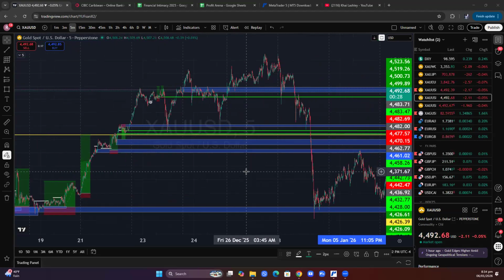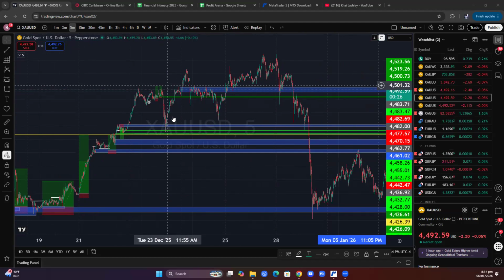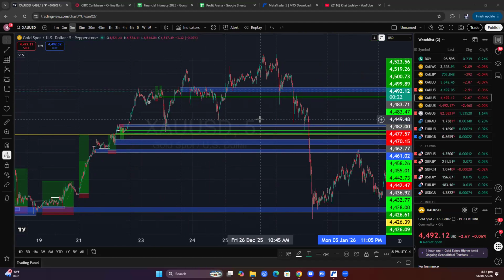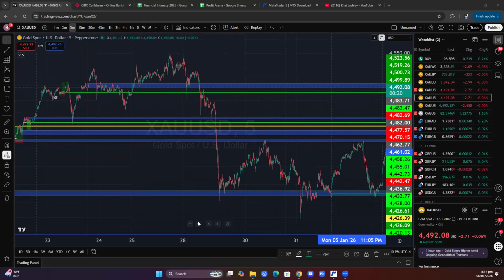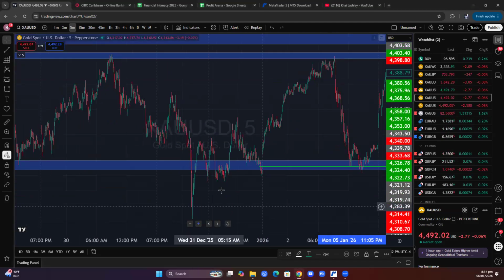You don't want it to be a case where you are looking for buys in a supply zone, or you're looking for sells in a demand zone. You know what I mean?